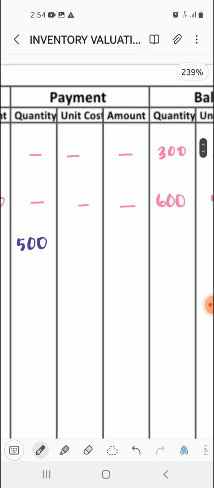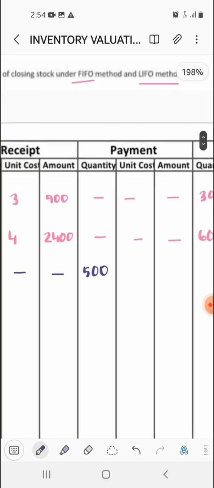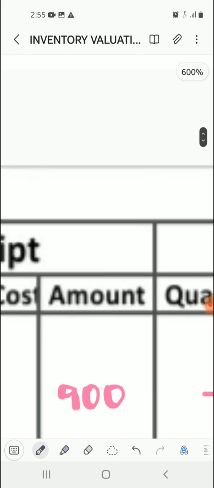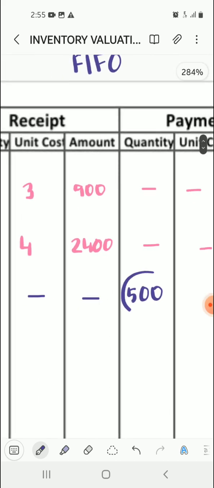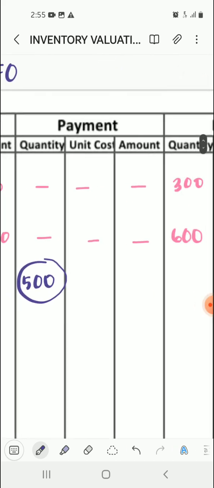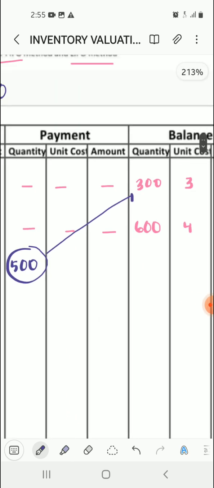Now, for finding out the unit cost, what we are following right now is the FIFO method, that is first in, first out. That means this 500 should be taken out from the first batch that we have, that is the batch of 300 quantity at 3 rupees. So first we are going to take out 300 from here, and the remaining 200 will be taken from the next lot, because 300 is insufficient.